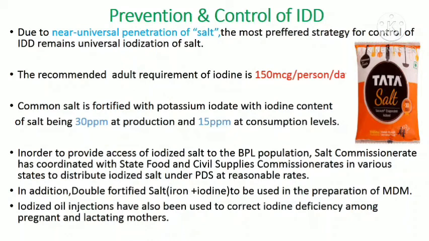In order to provide access to iodized salt to below poverty line people, the Salt Commissionerate has coordinated with state food and civil supplies commissionerates in various states to distribute iodized salt under the public distribution system at reasonable rates. In addition, double fortified salt, iron plus iodine, is to be used in the preparation of midday meals at the school level.